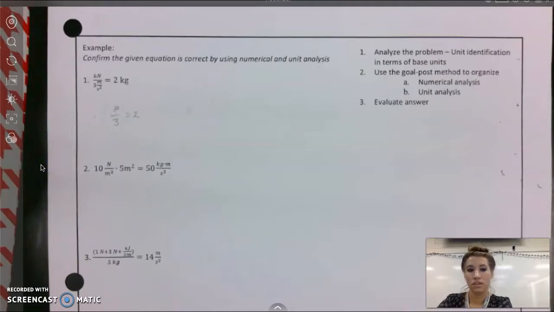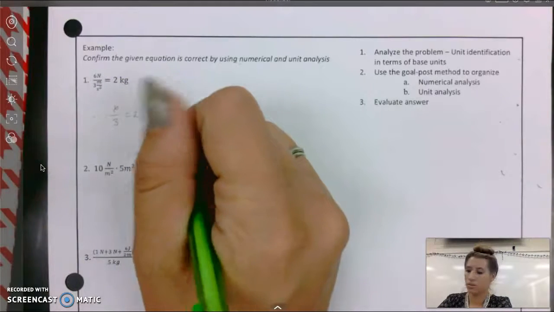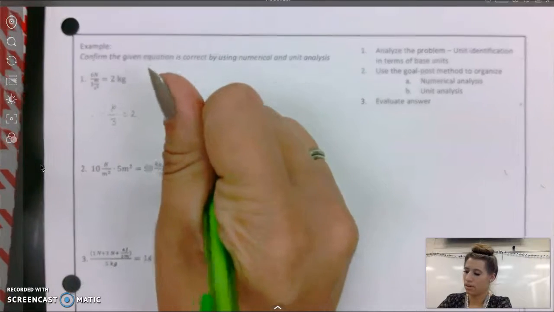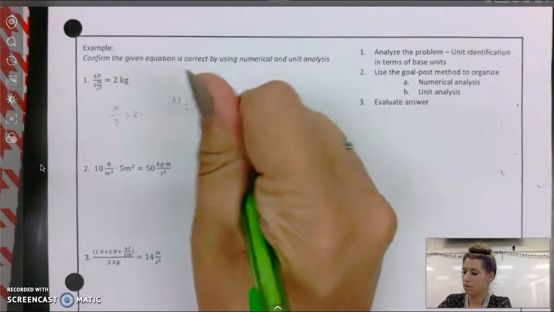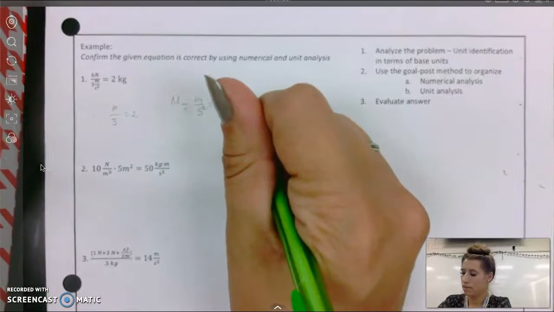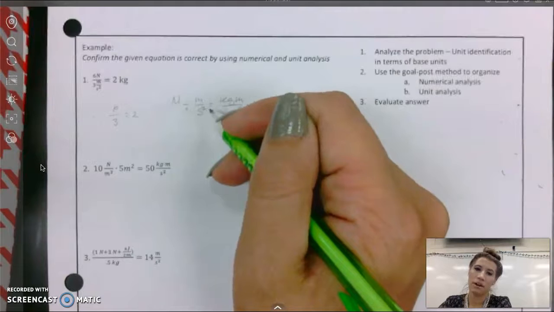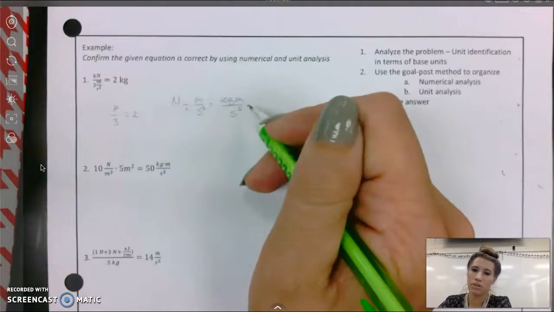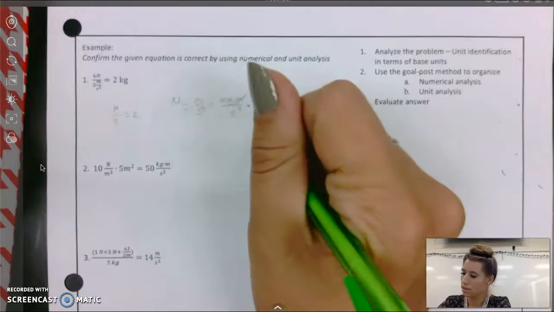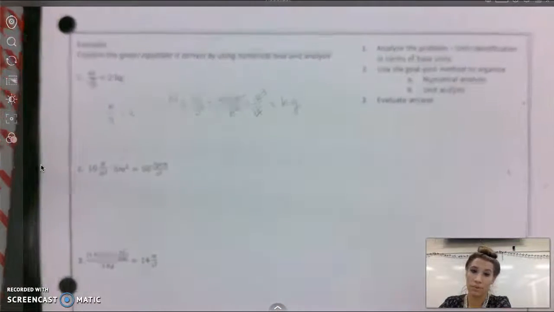And when we look at the units, we're going to take a Newton and divide that by meters per second squared. Now a reminder, a Newton is a kilogram meter per second squared. And now we're going to divide that by meters over second squared. And remember, dividing by a fraction is the same as multiplying by the reciprocal. So we're going to multiply by that reciprocal. Meters cancel, seconds squared cancel, and I am in fact left with kilograms.